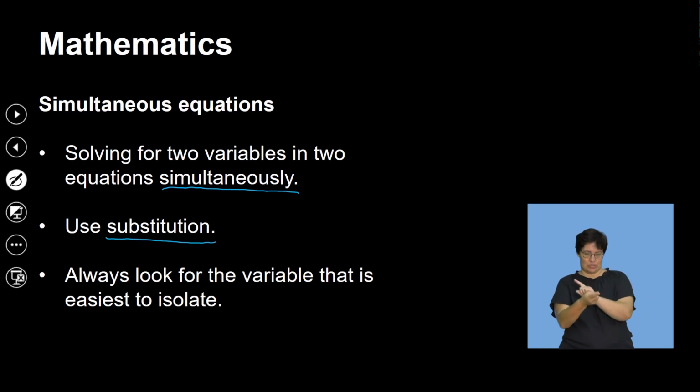There's also elimination method, which I know you know about, but mainly, if you are having a linear equation and a quadratic equation, just try to use substitution at all times, because really that's the one that you're mostly going to get, a simultaneous that has a linear and a quadratic equation. Then always look for the variable that is easiest to isolate.